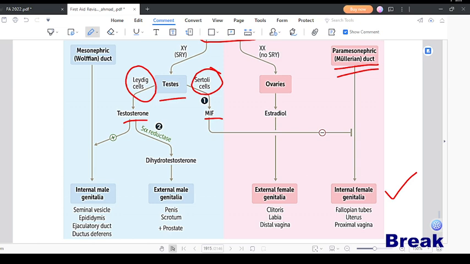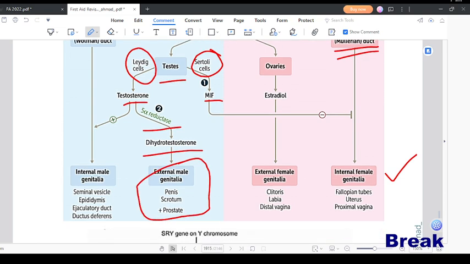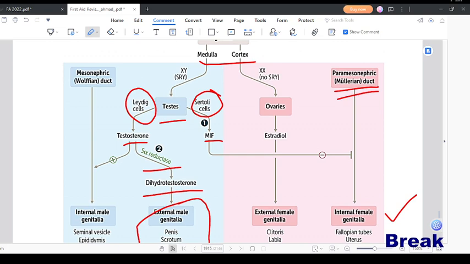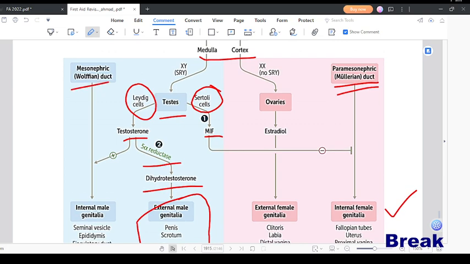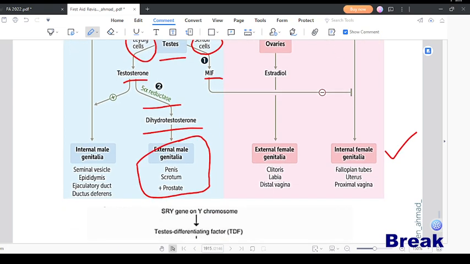And here you can see the testosterone. Testosterone is acted upon by 5 alpha reductase, which forms dihydrotestosterone, and that dihydrotestosterone then makes the external male genitalia: the penis, scrotum, and prostate. The mesonephric or Wolffian duct gives rise to the internal male genitalia, including the seminal vesicle, epididymis, ejaculatory duct, and ductus deferens.